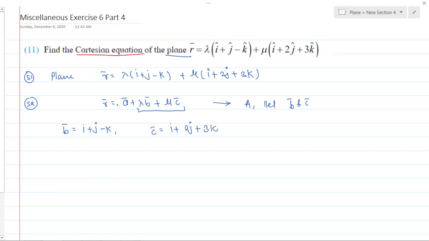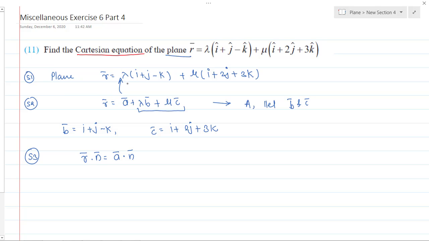So this is b bar and this is c bar, and this is the point through which your plane is passing. We have to find the Cartesian equation of this plane. First write it in dot product vector form. So the required equation of the plane is r bar dot n bar is equal to a bar dot n bar. What is a bar here?